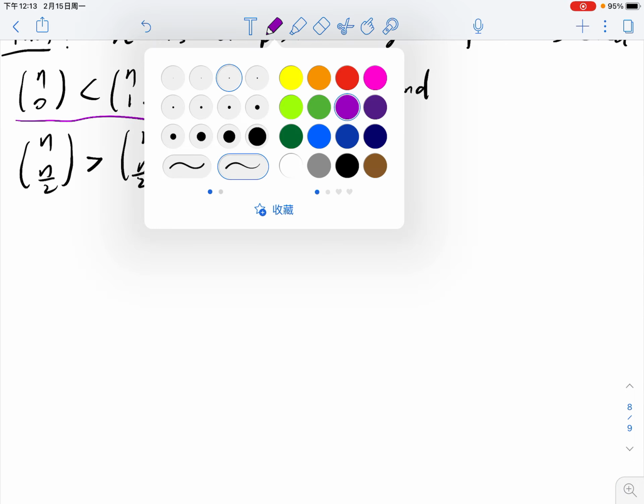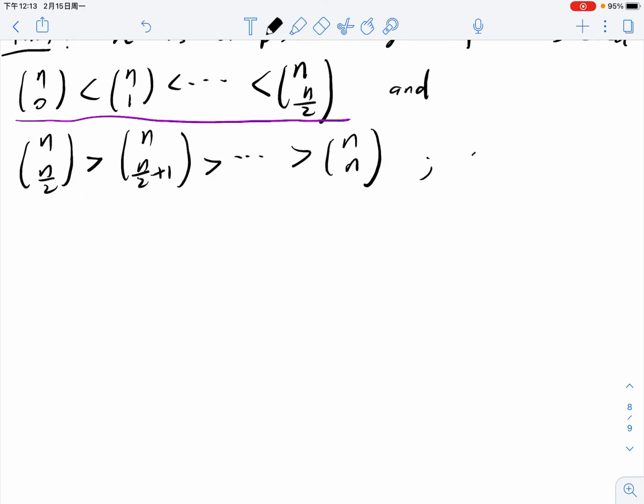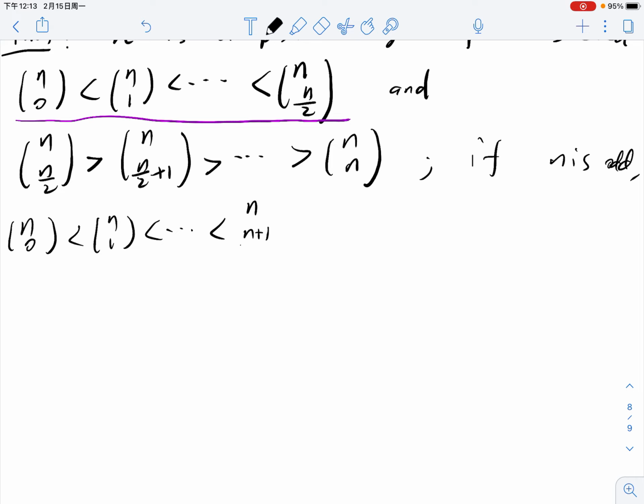And similarly, if n is odd, we have n choose 0 less than n choose 1 less than all the way to n choose n minus 1 divided by 2, which equals n choose n plus 1 divided by 2. Oh, sorry, here n choose n minus 1 divided by 2 equals n choose n plus 1 divided by 2.